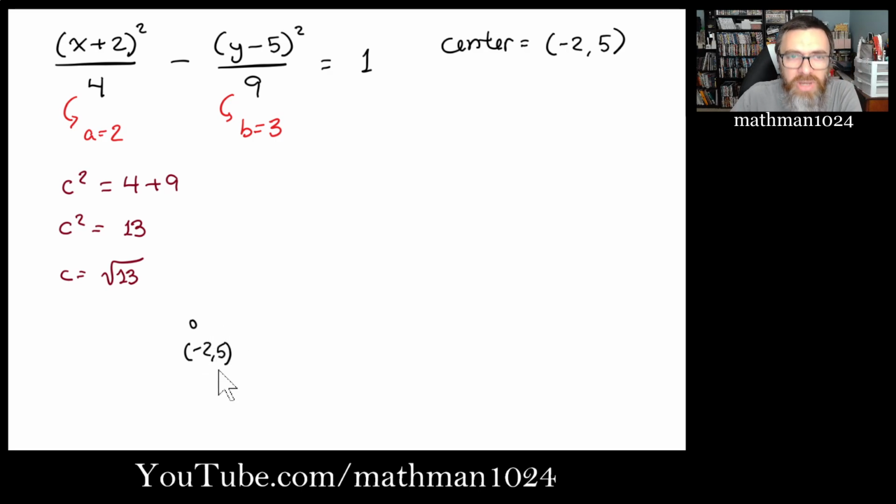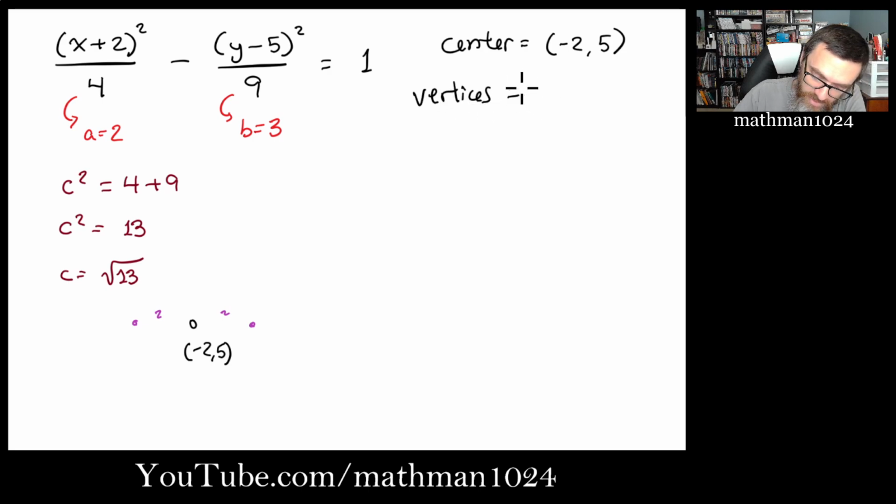Because the x is positive, I know my vertices are going to be out to the left and to the right. And according to my A value, they're going to be out here by 2 units, left and right. So let's go ahead and mark that. The vertices are going to be 2 units to the left, negative 4, 5, and then 2 units to the right. So adding 2 to that, 0, 5.